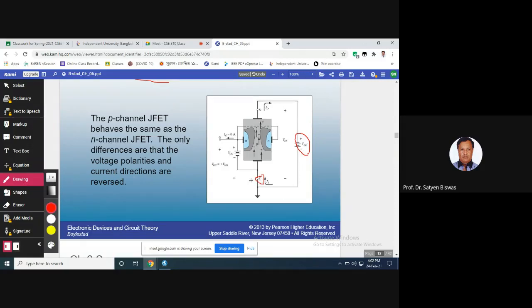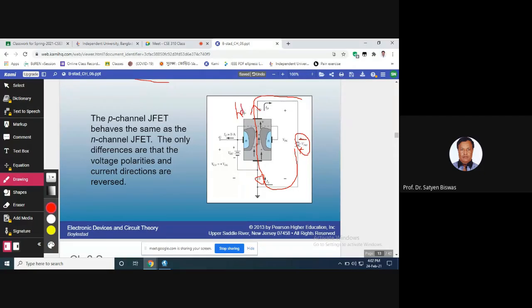From the source, the holes will be flowing from source to drain. Where will the holes come from, positive or negative? Positive, sir. So this will be positive. They have put it the wrong way around. Here will be negative, right? So the holes will be coming from here, going through and coming out from here. And this is the flow of holes.